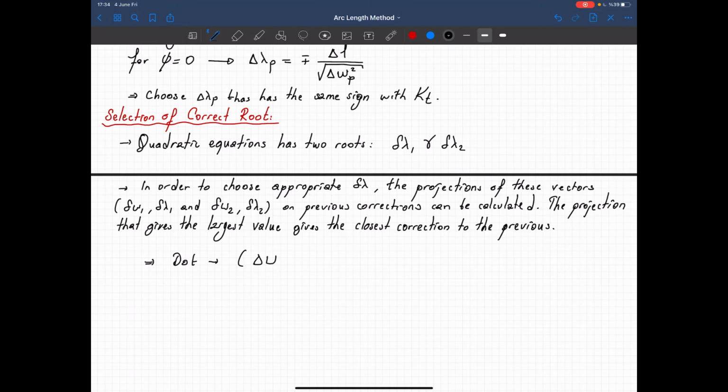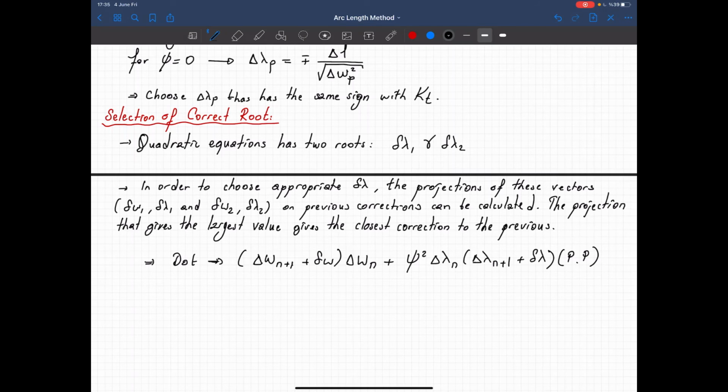We have delta W for the current iteration, the one that we calculate using these increments, plus W multiplied with delta W of the previous iteration, plus phi square delta lambda n of the previous iteration, delta lambda n plus 1 of the current iteration, plus the lambda that we found multiplied by p times p.